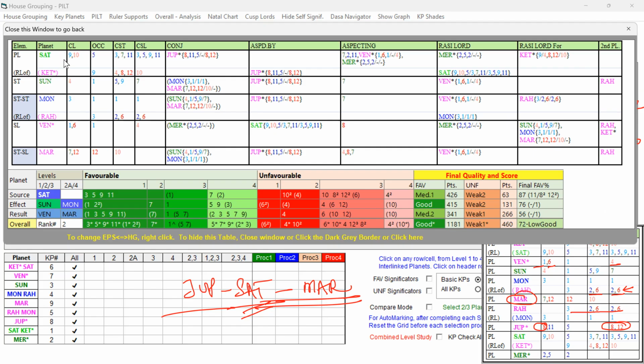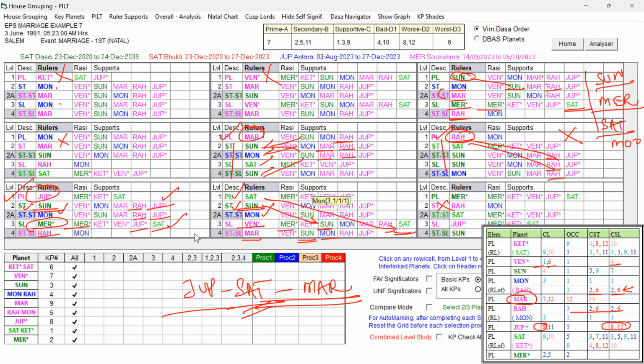Otherwise, if you take the significations of Saturn, Sun, and Moon, these self significations are not indicating 2 or 7 or 11. Only by CSL significations, by way of key planets only, we can identify Saturn as the better planet than the other planets, to conduct the event.